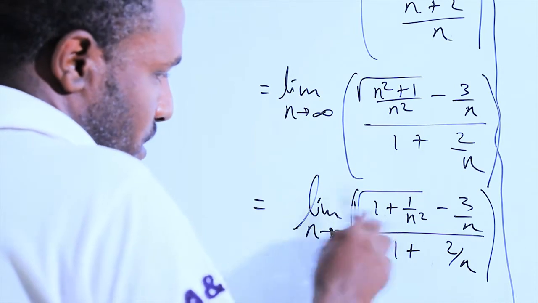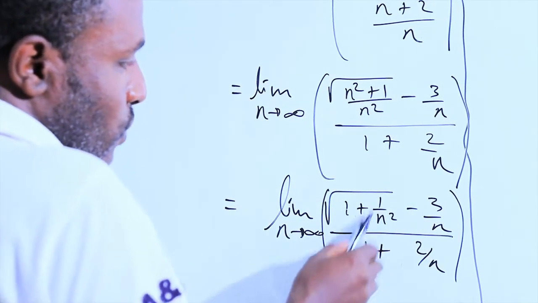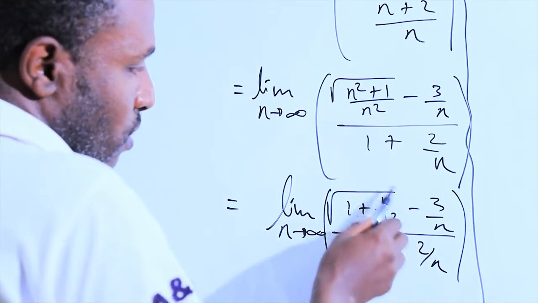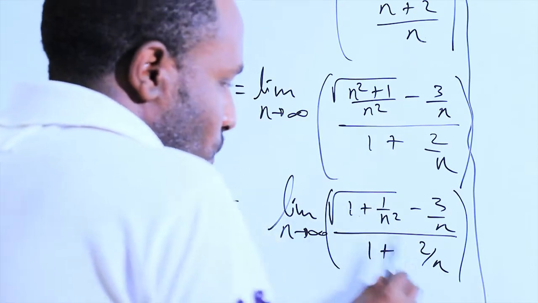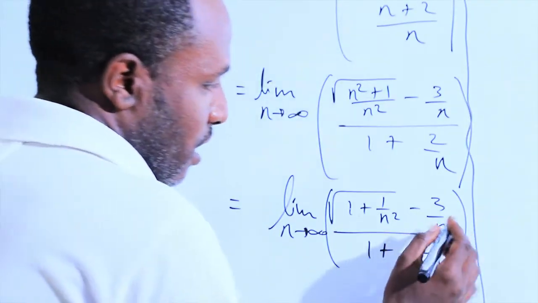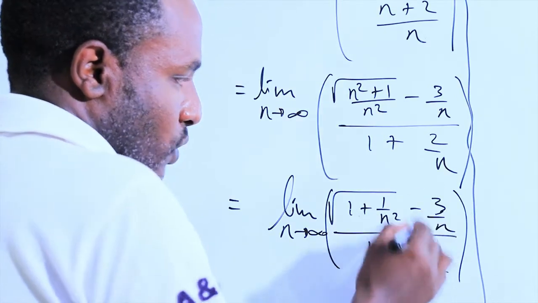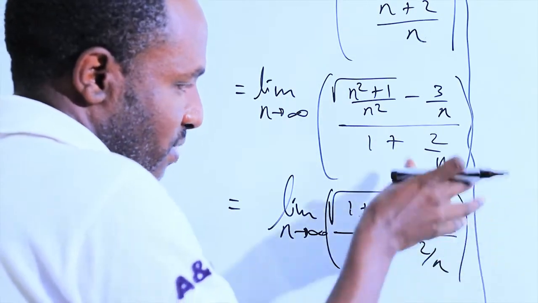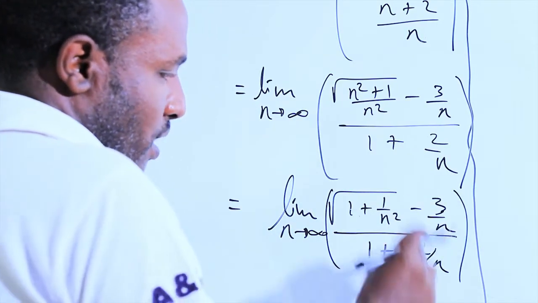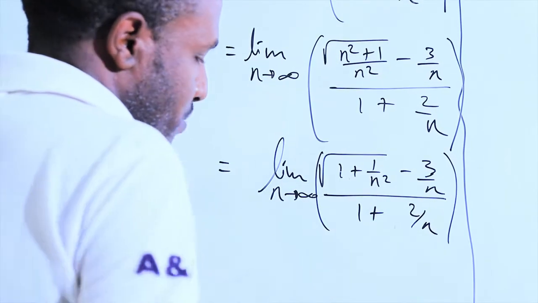So the limit inside the radicals, since it is 1 over n squared, as n tends to infinity this 1 over n squared becomes 0, so inside the radical simply 1. And again 3 over n as n tends to infinity, 3 over the very large number or infinity becomes 0. So 1 plus 2 over n as n tends to infinity, this becomes 0 and the denominator becomes 1.